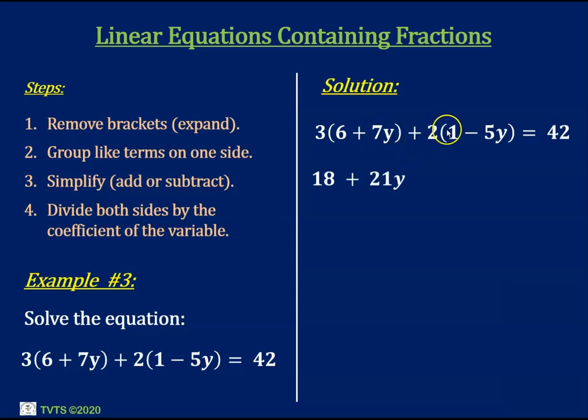And for the second bracket, we have 2 times 1 to be 2 and 2 times negative 5y to be negative 10y is equal to 42. Now, let's group like terms by subtracting 18 and 2 from both sides.